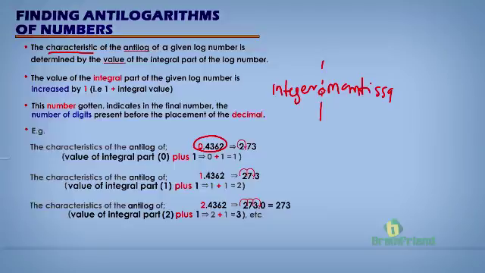To find the integral part of the antilog of this, we simply add 1. So we add 1 to whatever our value is in our given log number. Let's take a look at this example. We have the given log number as 0.4362. The integer part of our antilog here would be 0 plus 1, which would give us 1.